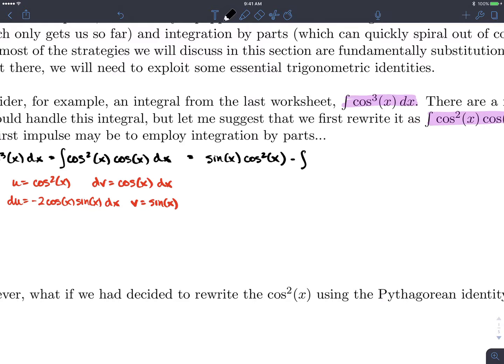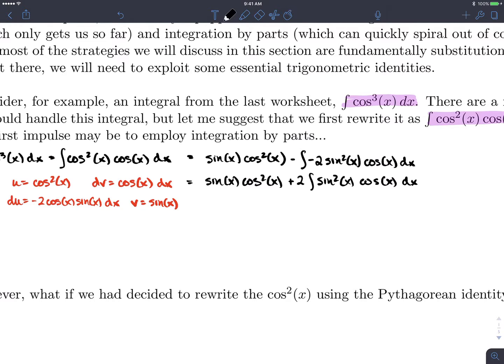When we bring all of that together, we're going to have negative 2 sine squared, because we've got two sines, and then cosine of x dx. We could clean this up a little bit. I'll leave this as sine x cosine squared x, and then we pull that negative 2 out to make that plus 2 sine squared x cosine x dx.